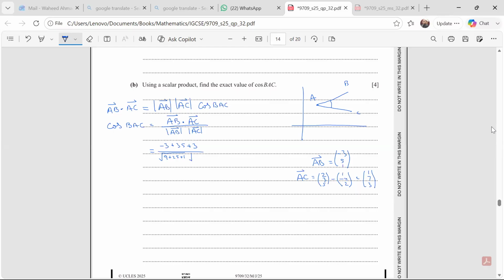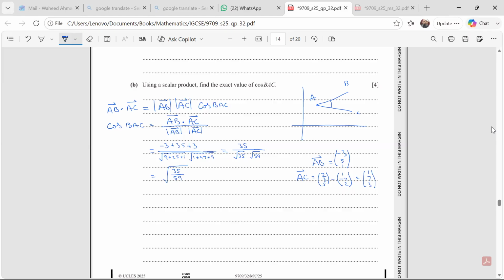And multiplied by the magnitude of AC, which is 1 plus 49 plus 9, so 59 under the root. So the dot product is 35, divided by root 35 times root 59.